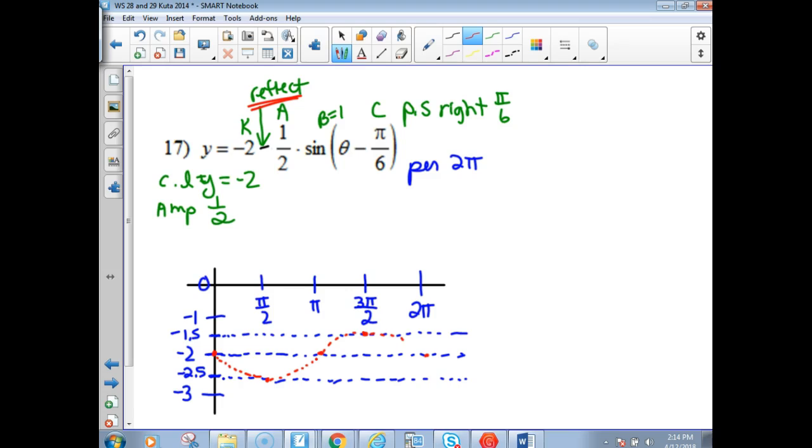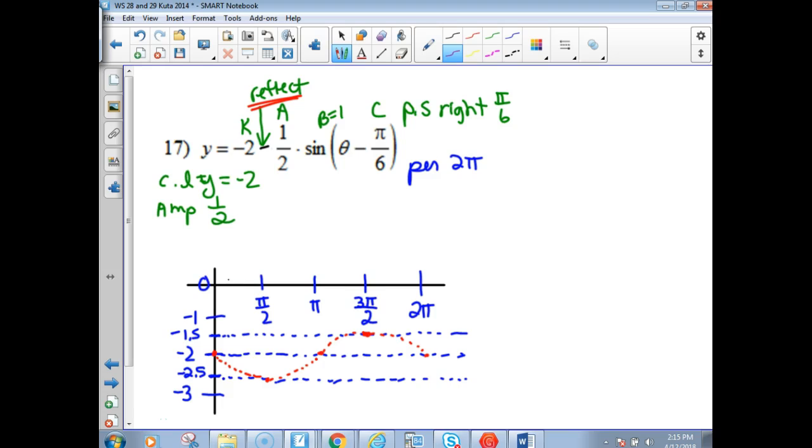The hard part is that we need to get where this shift of pi over 6 occurs. So where is pi over 6 if you think about 0 to pi over 2? A third of the way, exactly. Because remember how that's referenced 30 degrees? And then the next one, 60, would be a multiple of that.